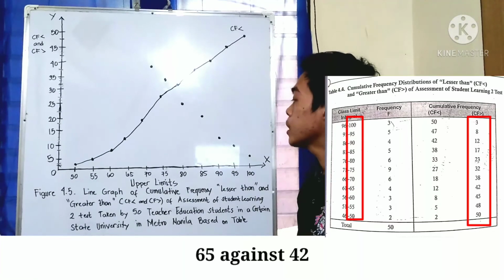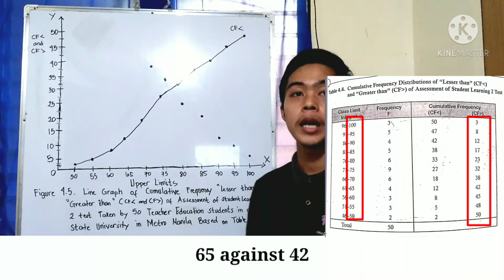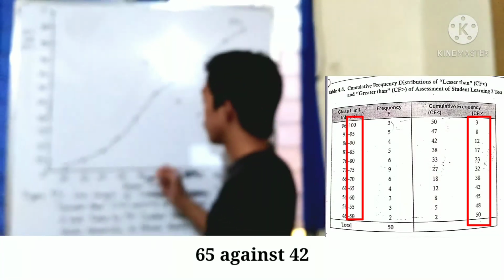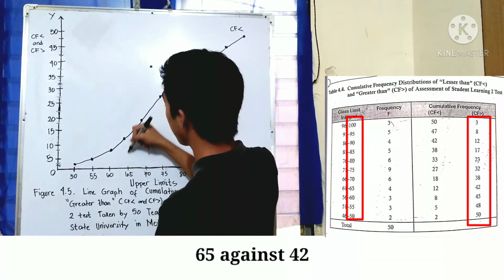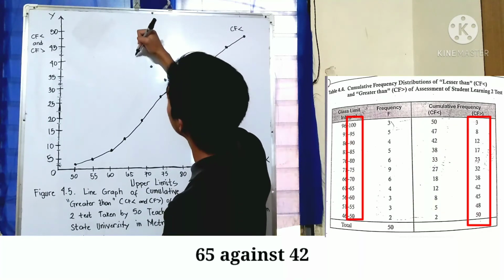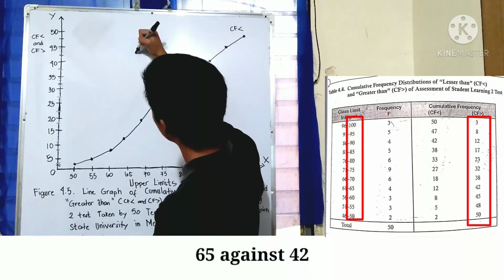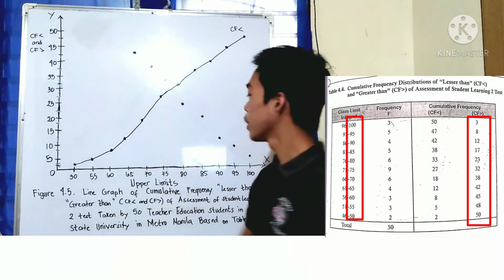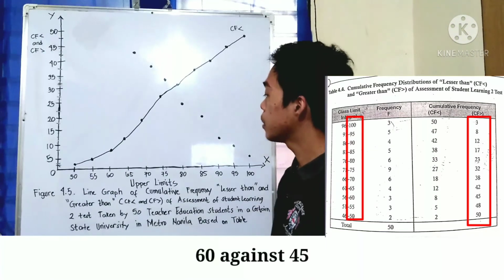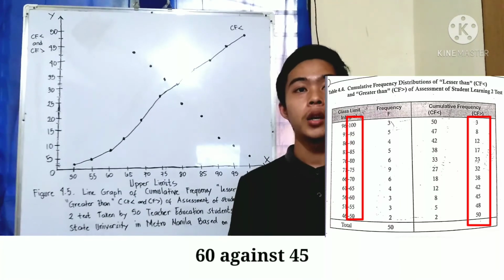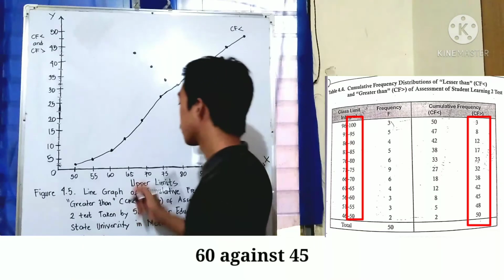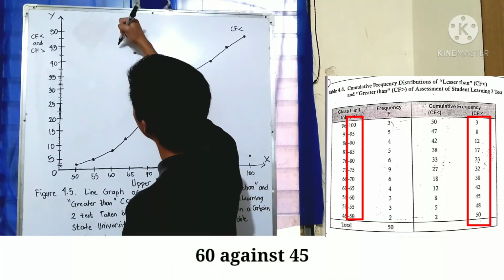Next, in the upper class limit of 65, you will plot 65 against 42. So 65 against 42. Next, in the upper class limit of 60, you will plot 60 against 45. So 60 against 45.